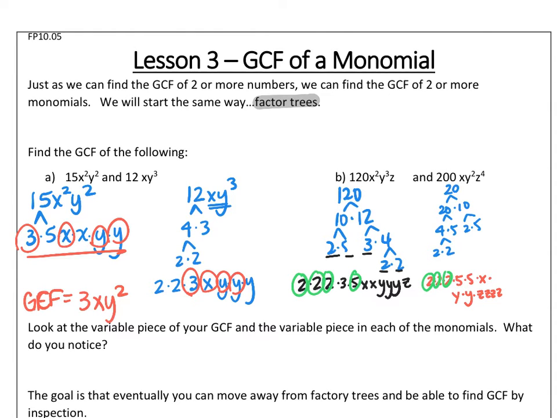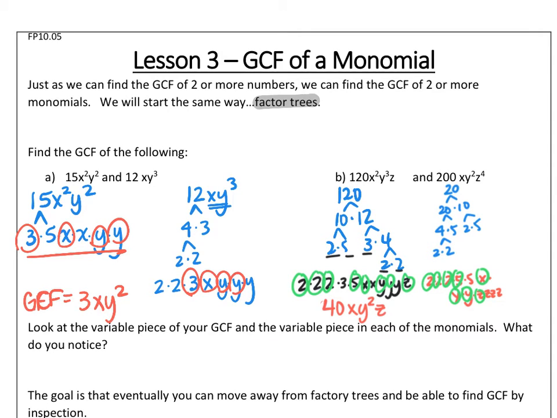I've got a 5. I've got 1 x. I've got 2 y's and 1 z. So my greatest common factor is 2 times 2 times 2, which is 8. 8 times 5 is 40. So 40 x, y squared, z.